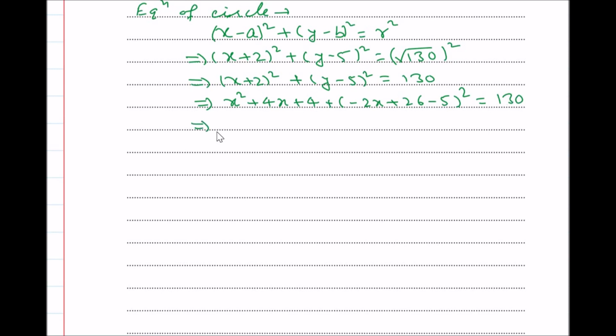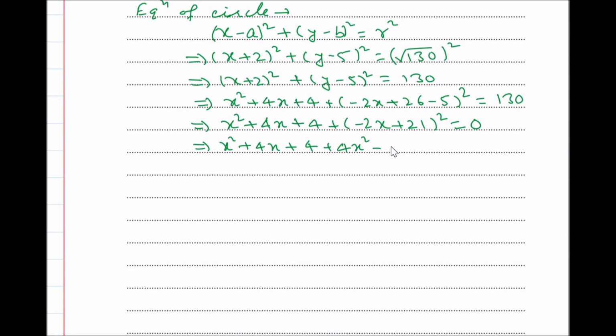Next step, copy down x square plus 4x plus 4 as it is. Now this gives us (minus 2x plus 21) square. Now we'll expand the second bracket also. x square plus 4x plus 4, plus, now minus 2x square is 4x square positive.